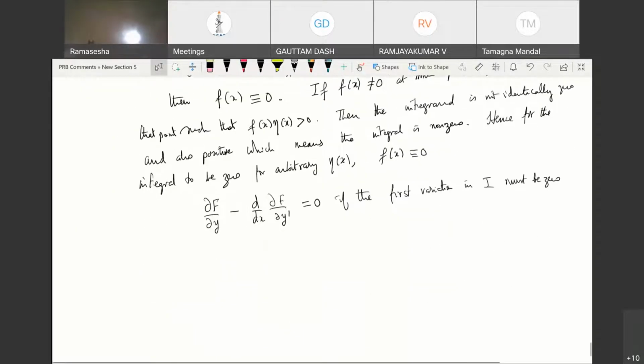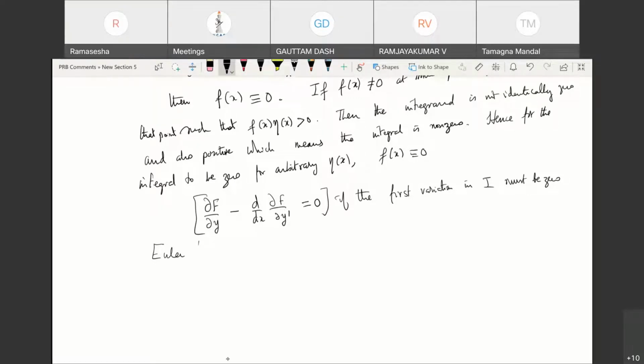And since we are adding it to 0, if that is positive, then you will have a minimum. Okay, so this is what is known as the Euler-Lagrange equation, which has to be satisfied.